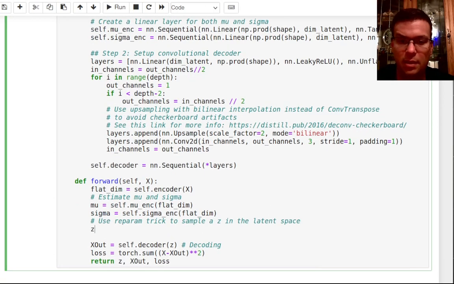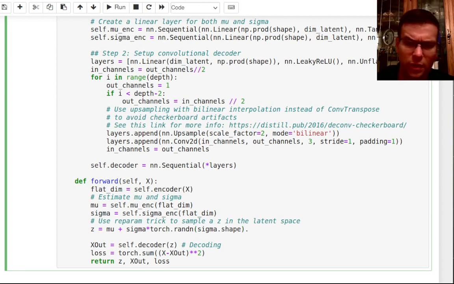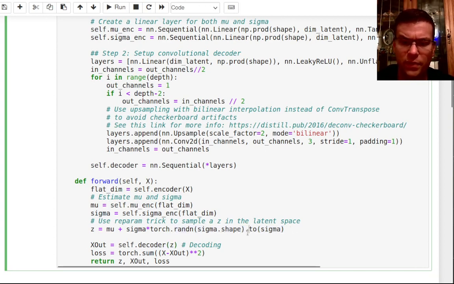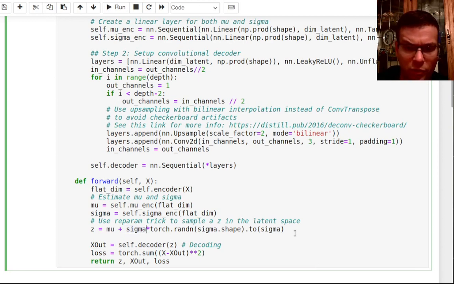So I'll say z is equal to mu plus sigma times a random number. I'm using my reparameterization trick, so I say torch.randn of sigma.shape. One little tricky thing here is that when you generate a new tensor, it comes back on the CPU, so you have to send it over to the same device as whatever tensor you're element-wise multiplying it by.